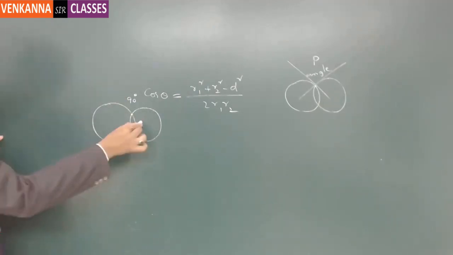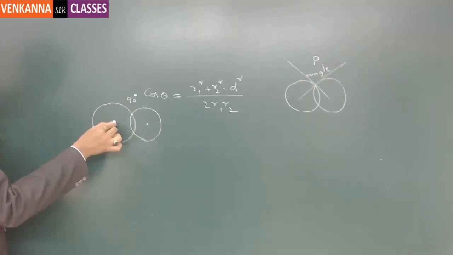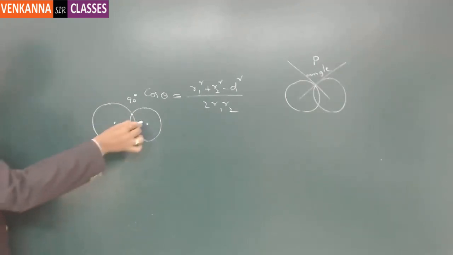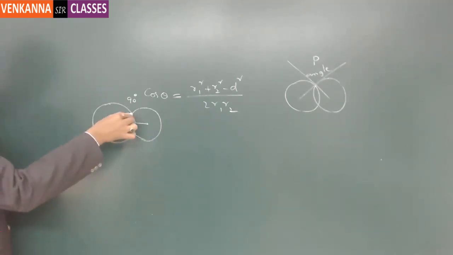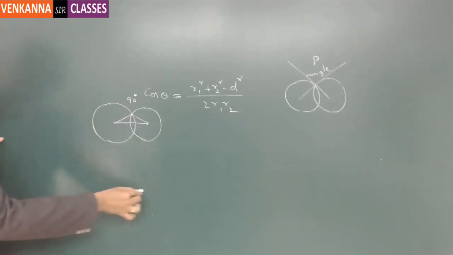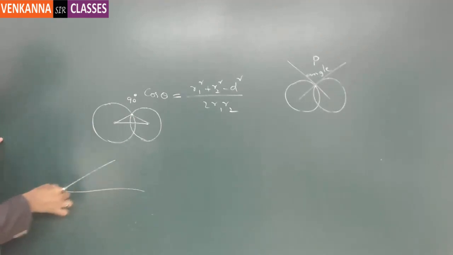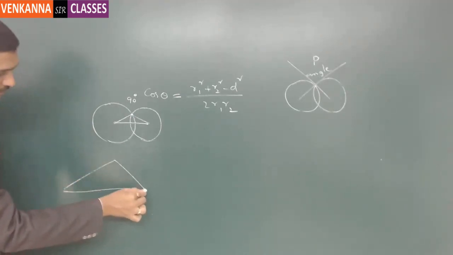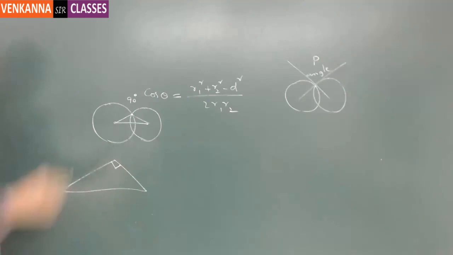Then if you say that these are nothing but the centers, then you will get a right angle triangle here. So this is the thing actually you will get. So are you getting the idea here?